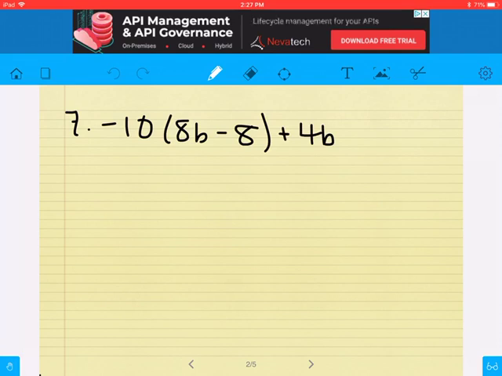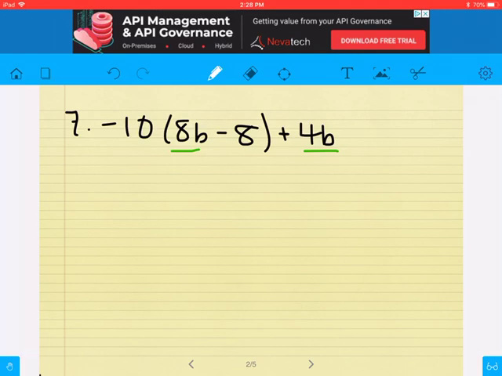Number 7. Numbers 7 through 10 start a different kind of math problem where we have to simplify each expression. Simplify each expression means that we shouldn't have any terms that are split together, and we shouldn't have any more parentheses.